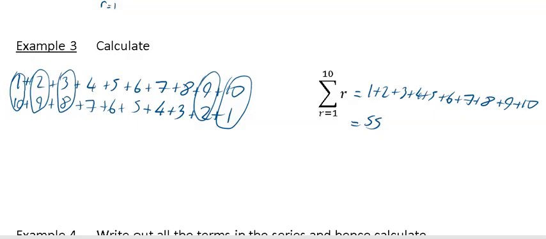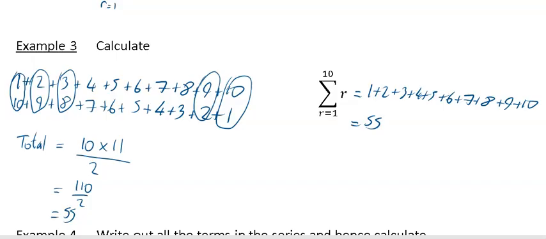So our total, or our sum I should have said, is going to be 10 lots of numbers worth 11. But that's me counting up the numbers 1 to 10 and then 1 to 10 backwards again. So I need to divide by 2. That's going to be 10 times 11 is 110. Divide by 2 is 55.